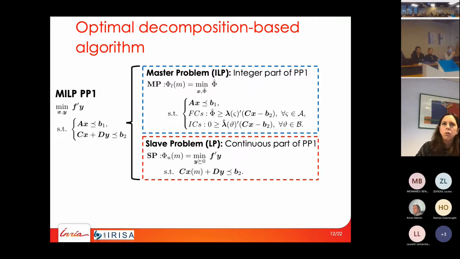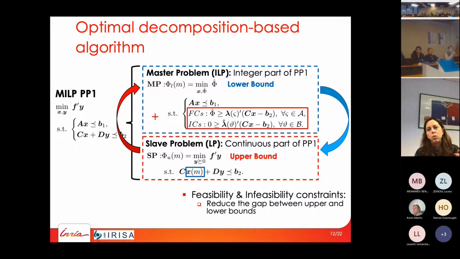So in one iteration, we solve the master problem. The obtained value of the objective function gives us a lower bound. And also, as you see with the arrow on the right, we are using the solution to the slave problem. Then we are solving the slave problem with the solution coming from the master. And the value of the objective function gives us an upper bound.